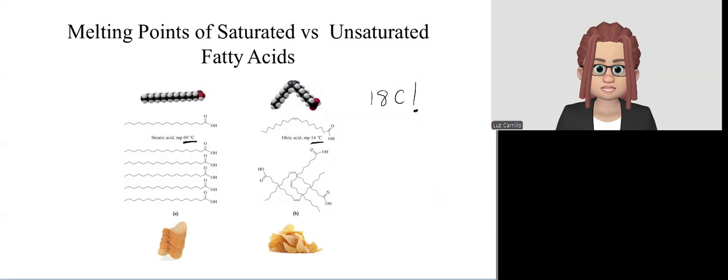So why is it that both molecules, even though they're fatty acids, they're both nonpolar, have a striking difference when it comes to their melting point? Well, that stems from the way in which dispersion forces are present in these molecules.